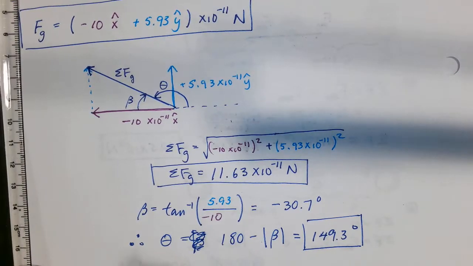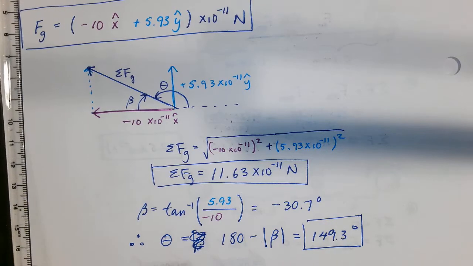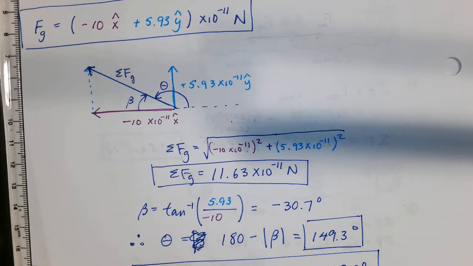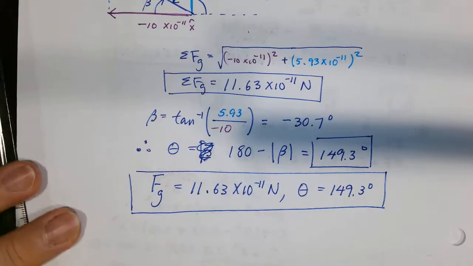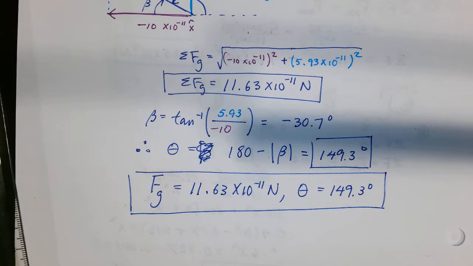Therefore, your Fg can be written as 11.63 times 10 to the negative 11th Newtons, theta is equal to 149.3 degrees. All right, done.